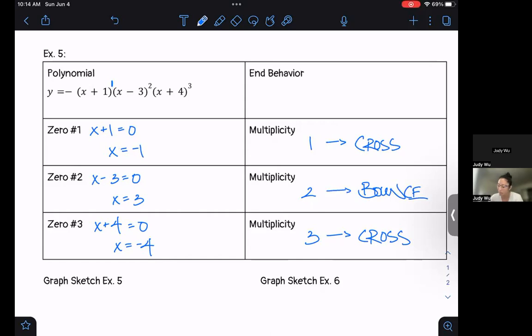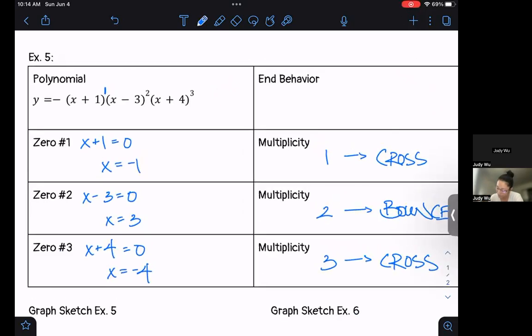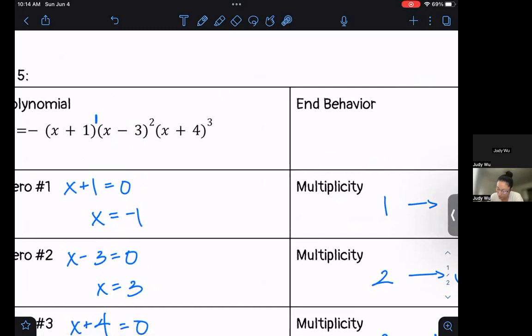Now, the last thing we need before we can sketch our graph, we need to think about our end behavior. And in order to do our end behavior, we need to find the degree and the leading coefficient of our polynomial. And so I see here my polynomial is in factored form. So in order to find the degree, I have to take all my exponents and add them together.